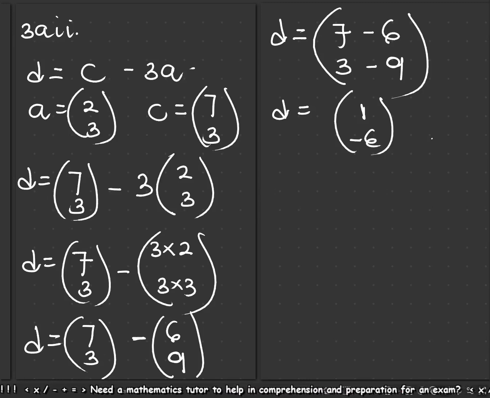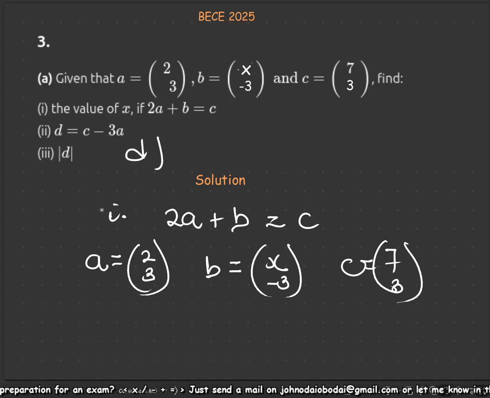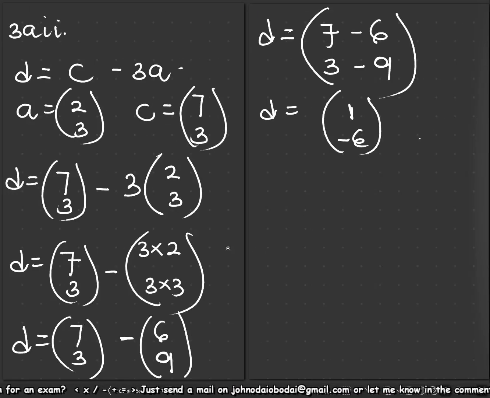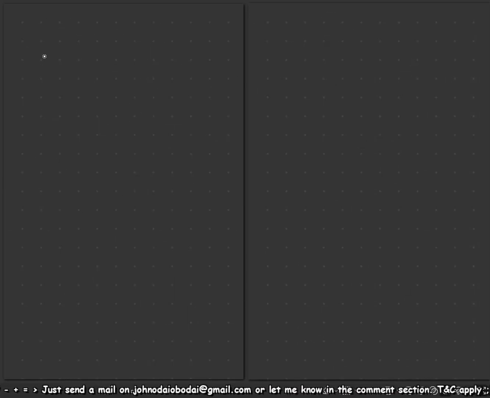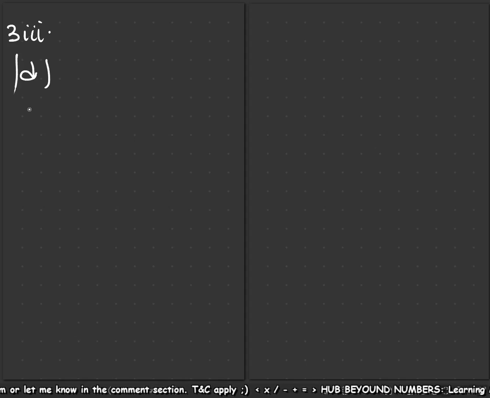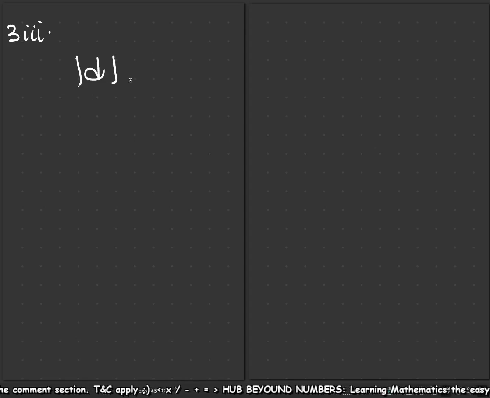Now let's look at the last part of the question. The last part says you should look for this, that is d with 2 bars on it. What does this actually mean? Anytime you see a vector with these 2 bars, it means solve for the magnitude of the vector.